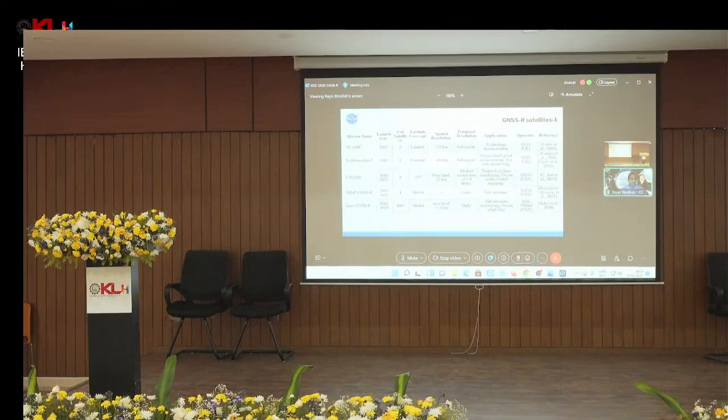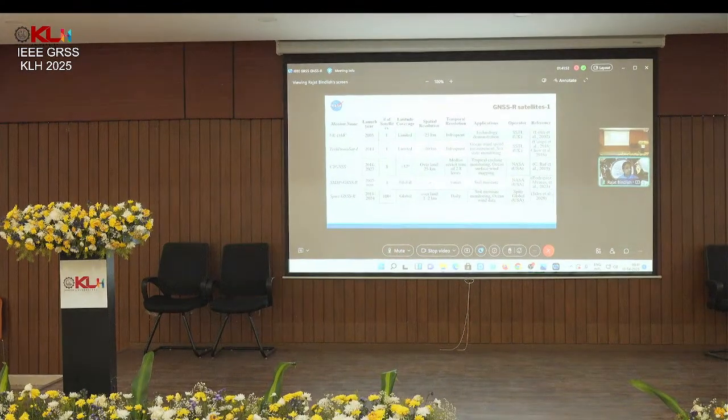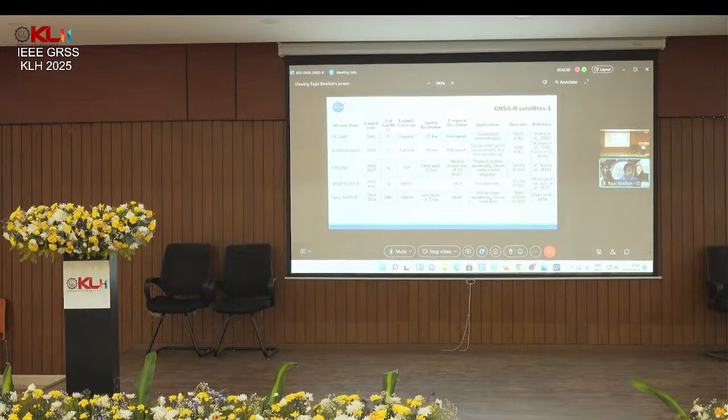And after the SMAP radar failure, we decided to use the radar in a receive-only mode, and it has been collecting GNSS-R observations using the SMAP radar. So that's also a GNSS-R receiver.